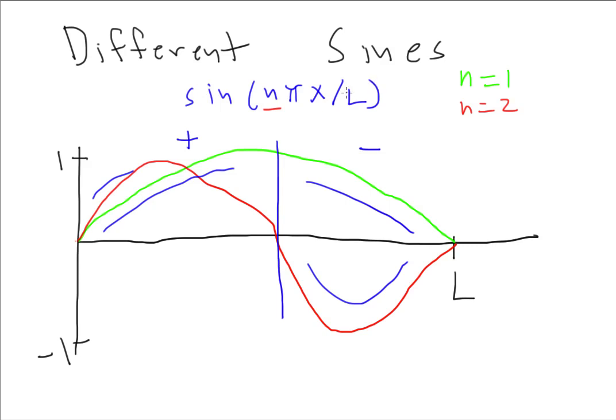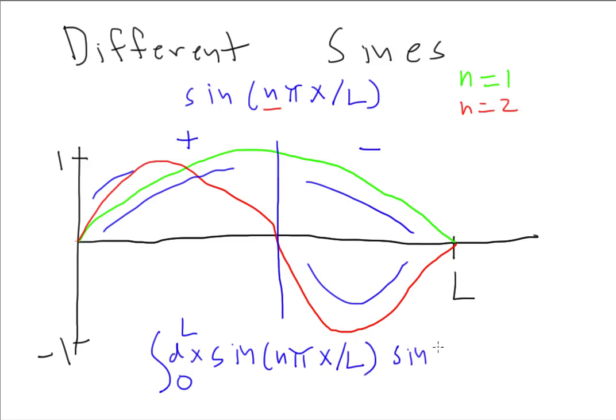And as long as n is not equal to m, the two functions will be orthogonal, when the dot product that we're defining is on the interval 0 to L, and it's this integral in dx. But if n and m are equal, we'd want the dot product of something with itself to be 1. So as long as we normalize these things correctly, that will also be the case.